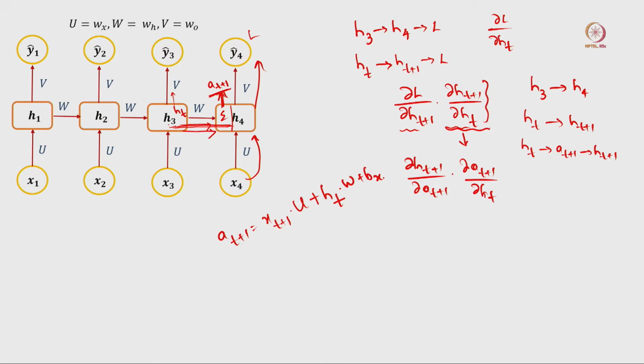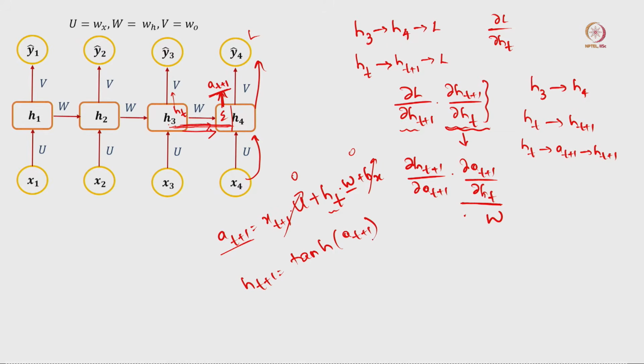Now, you are taking a derivative of this with respect to HT. There is no HT term in the first part, so this becomes 0, and this becomes 0. There is HT, which means this is WF. Next, what is AT plus 1? AT plus 1 is a summation part, that is then passed to an activation function. So HT plus 1 is an activation function.